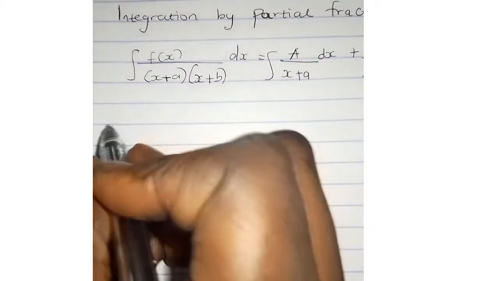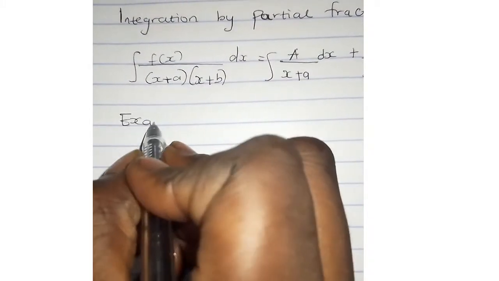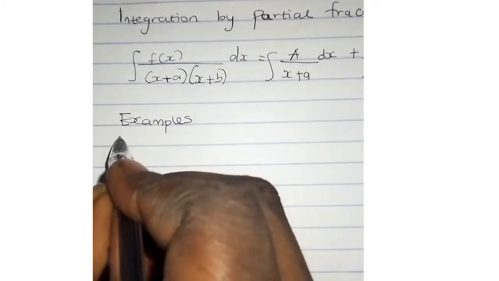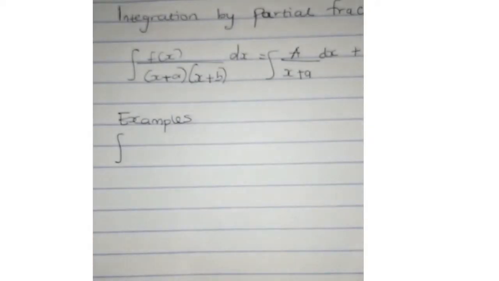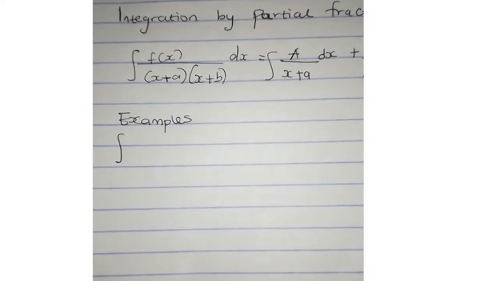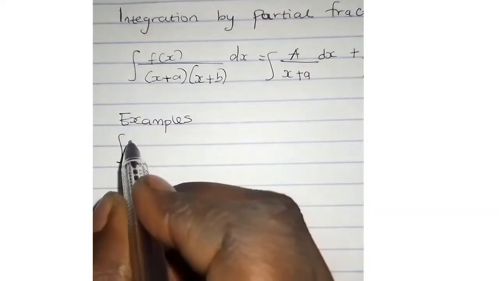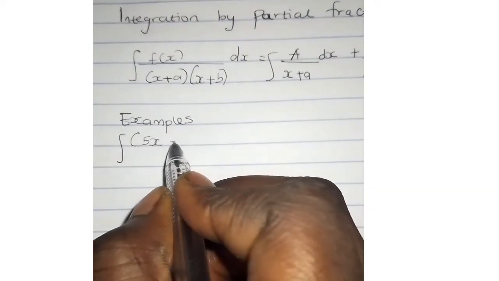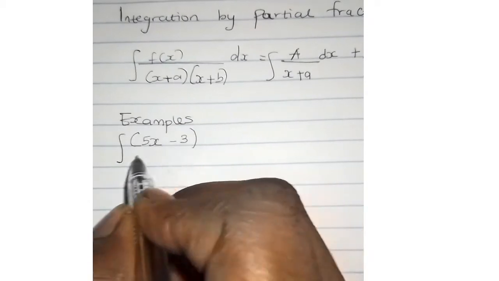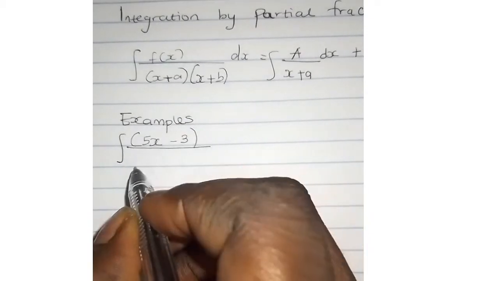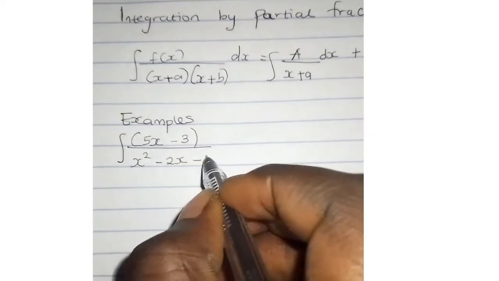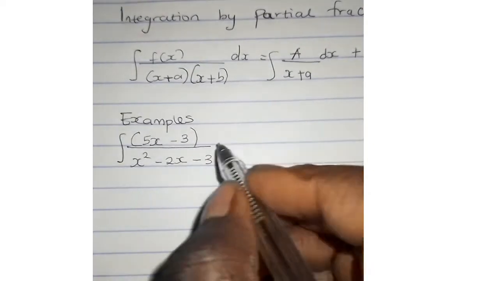Example. Now we're asked to integrate 5x minus 3 over x squared minus 2x minus 3 dx.